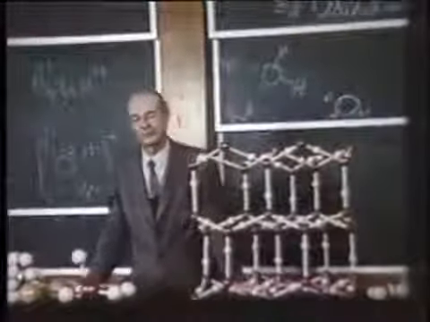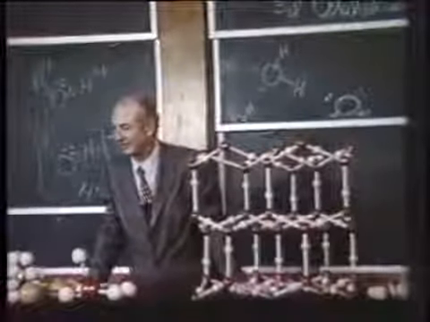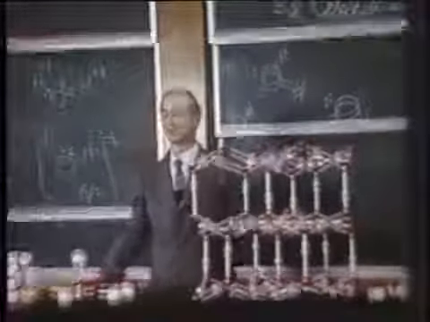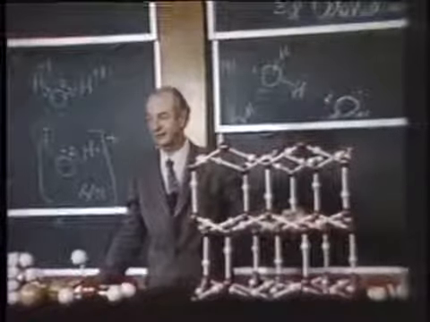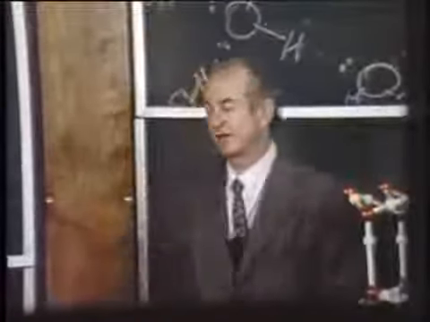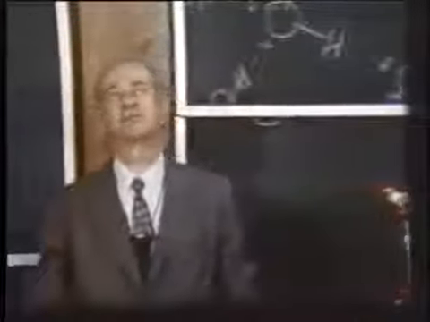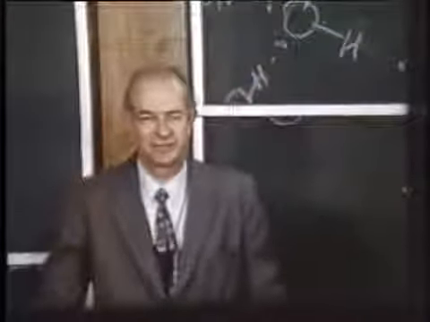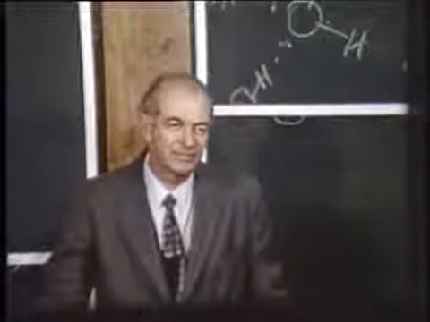And of course, the hydrogen bond is responsible also for many other characteristic properties, such as the very high dielectric constant of water. Only the most electronegative atoms form hydrogen bonds: fluorine, oxygen, and nitrogen.